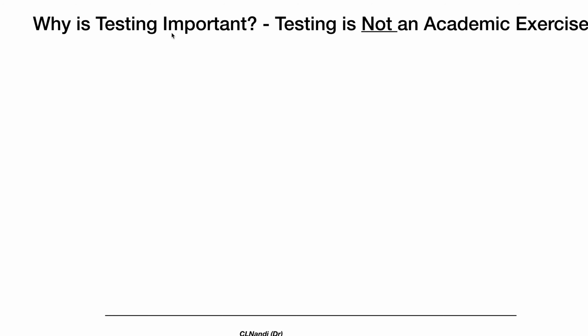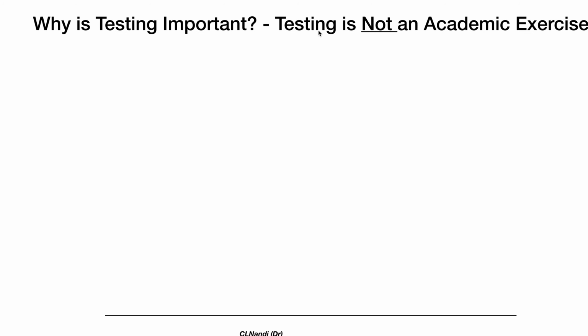Why is testing important? It is important to realise testing is not an academic exercise. Computer programs are written for the benefit of society, so it is important that they function properly. It is important that we test these programs to see that they function properly.